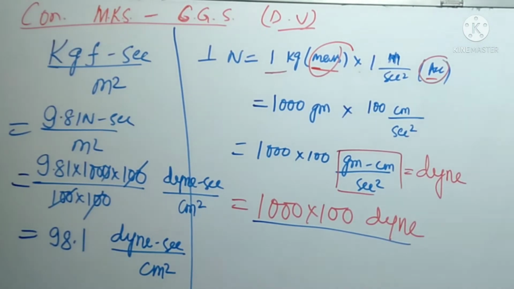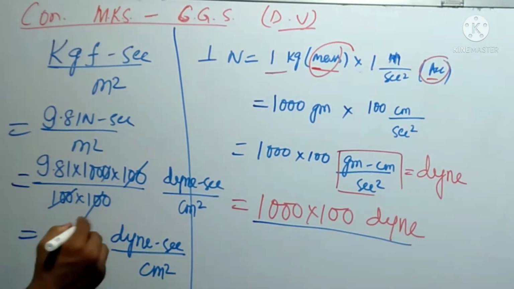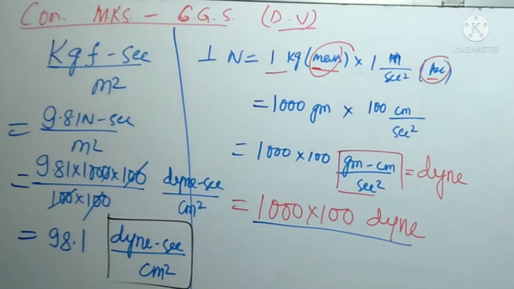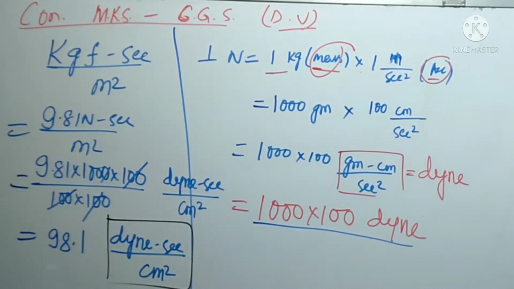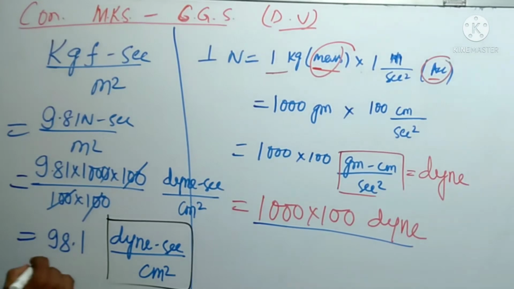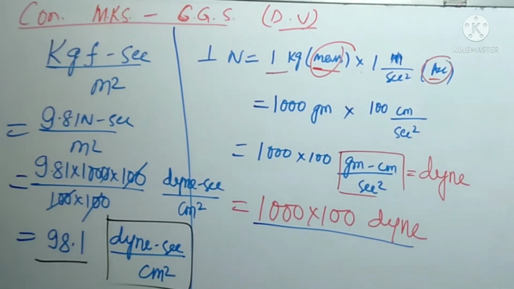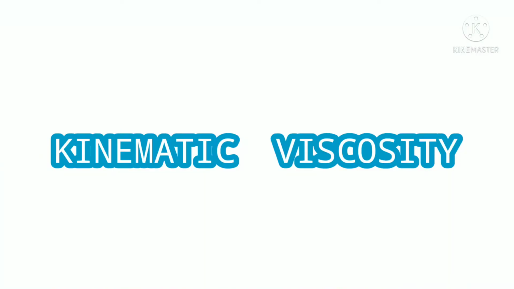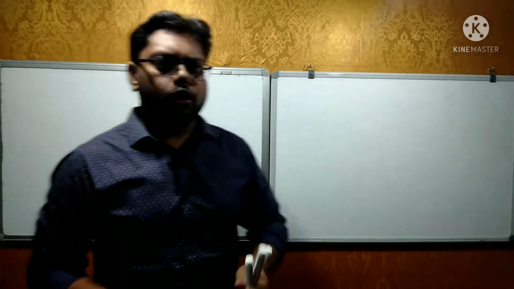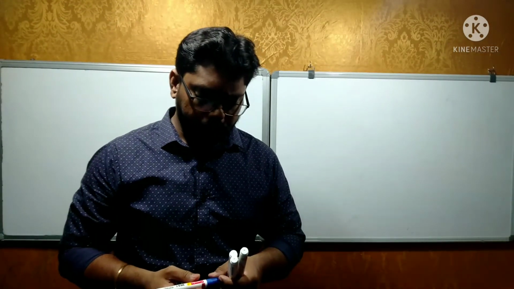So this is the conversion of MKS unit of dynamic viscosity to CGS unit. Okay, clear? 98.1 dyne second per centimeter square. This is all about dynamic viscosity.